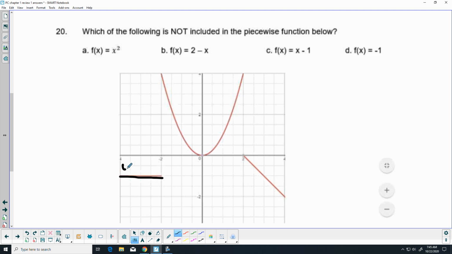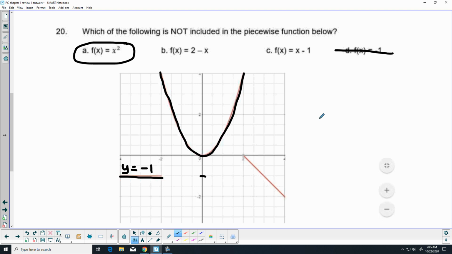I meant put y equals, and that is -1. So right here, I can eliminate that. That is part of it. The next piece of my function is right here. That is a parabola. Which one has a parabola? This is it, x squared.